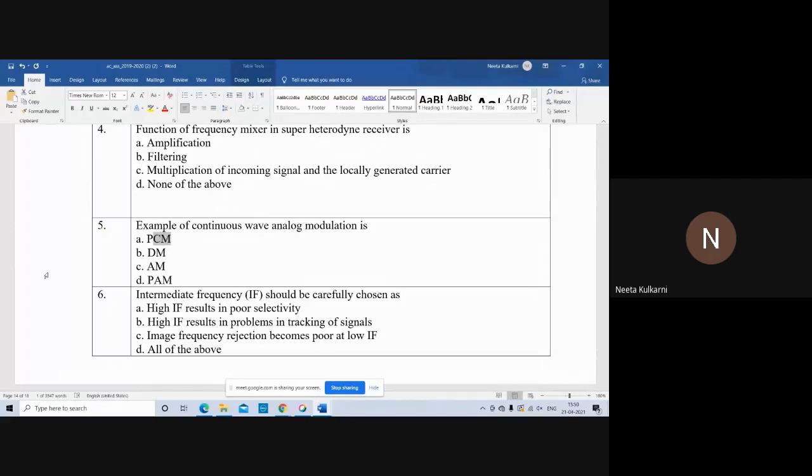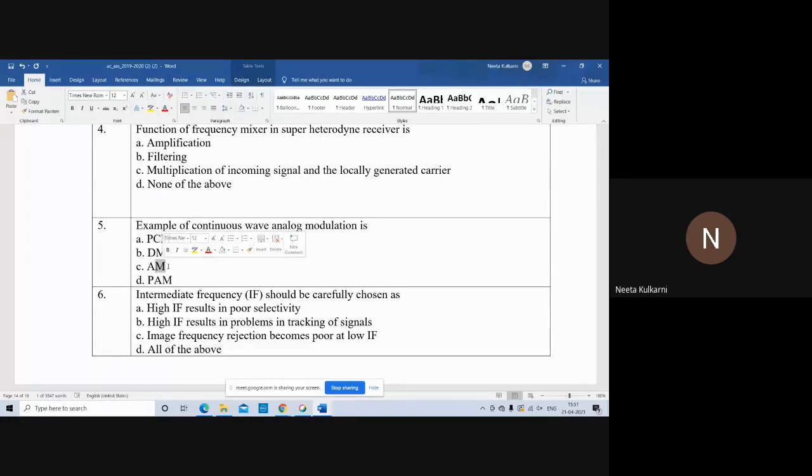So PCM is not an example of analog modulation. Delta modulation is not an example of analog modulation. Is AM an example of analog modulation? In what form are the two signals in analog modulation?